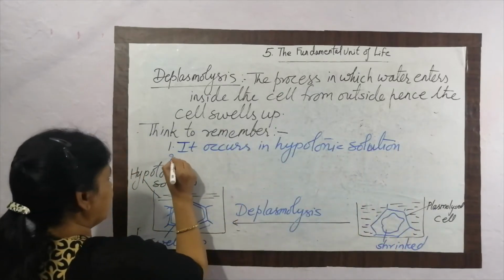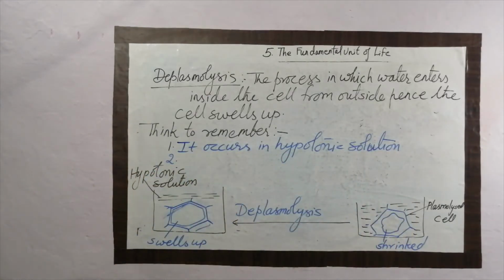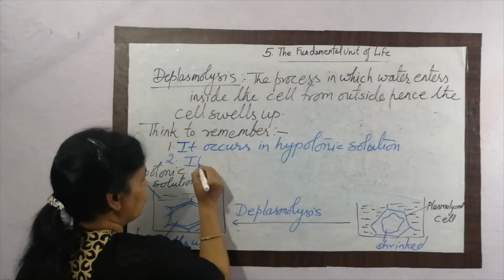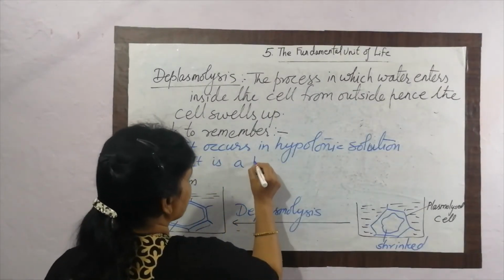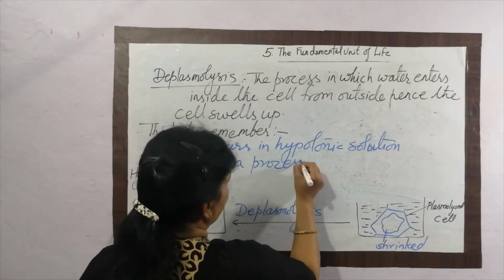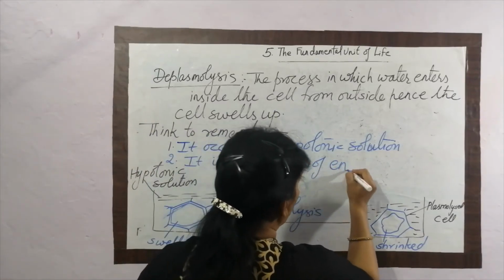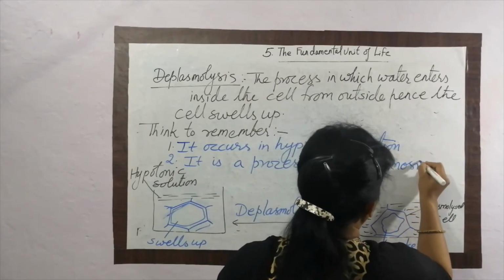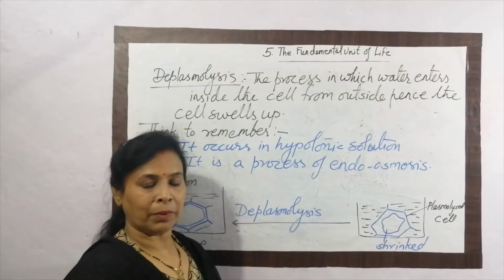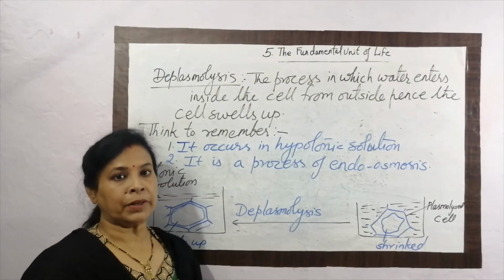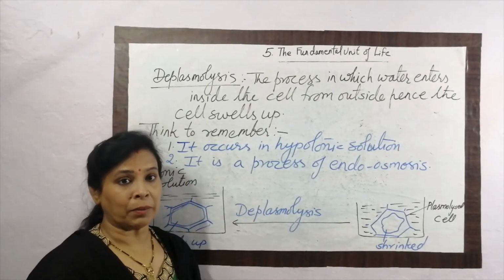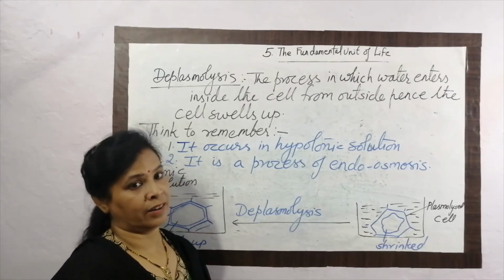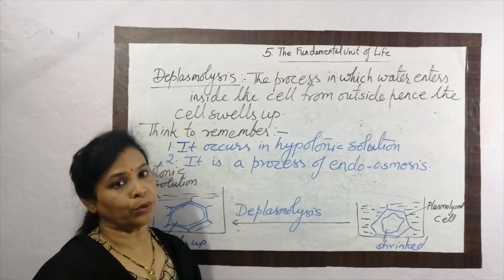And what is the second thing you have to remember? वहाँ पर हमने देखा था exoosmosis. It is actually the process of endoosmosis. एक्सो इज आउट, एंडो इज इन. ठीक है, एक्सो का मतलब है आउट, मतलब सेल के अंदर से मटेरियल का बाहर जाना. एंडो का मतलब है इन, मतलब बाहर से वाटरी मटेरियल का सेल के अंदर आना. तो दिस इज द प्रोसेस ऑफ एंडोऑस्मोसिस.